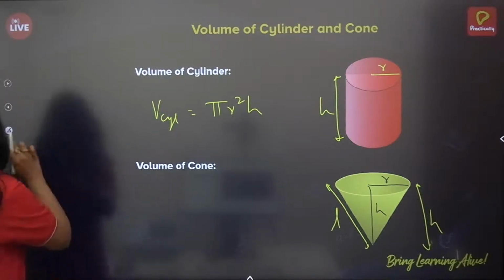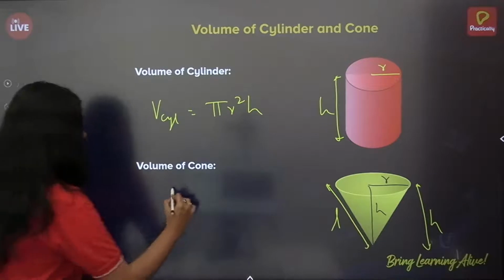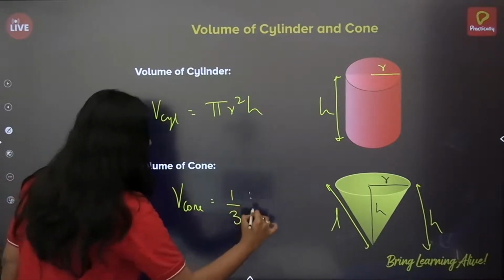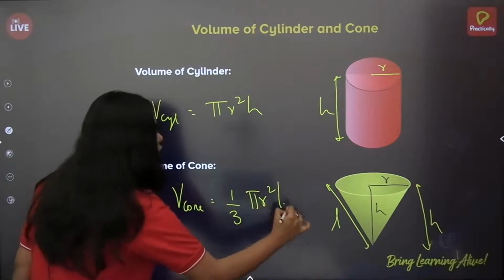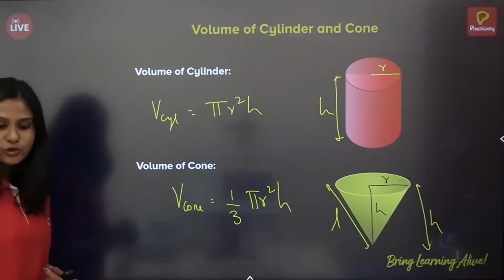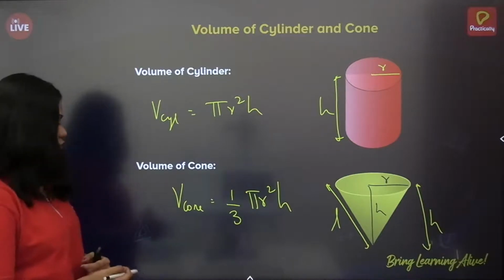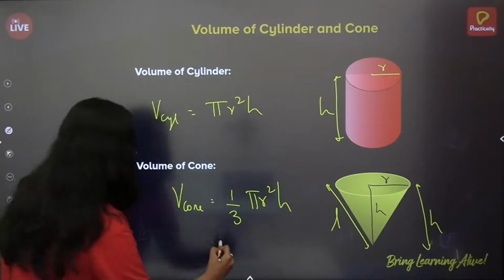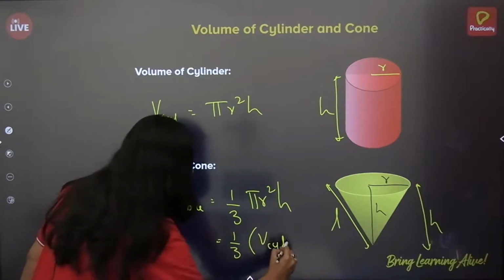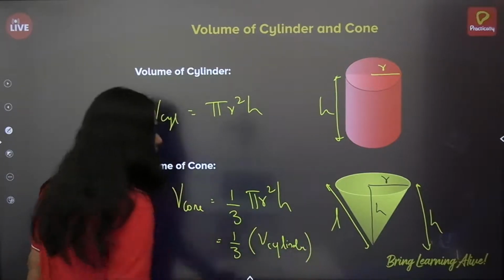Okay. Now let us write the volume of the cone. Volume of cone is equals to 1 by 3 pi r square H. H is height. Correct, Sona. So, can I write this as 1 by 3 into volume of cylinder? Of course, I can write. Why?